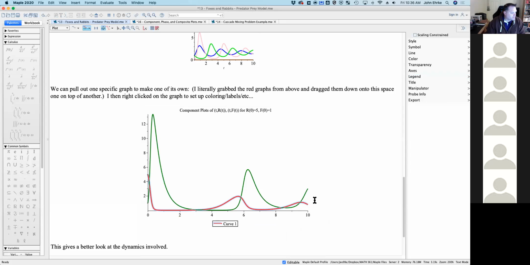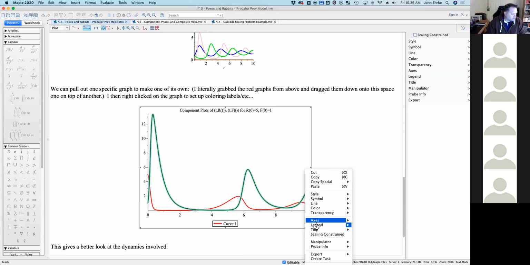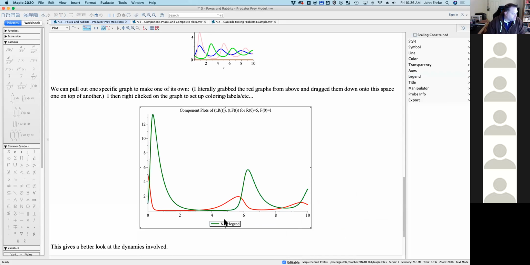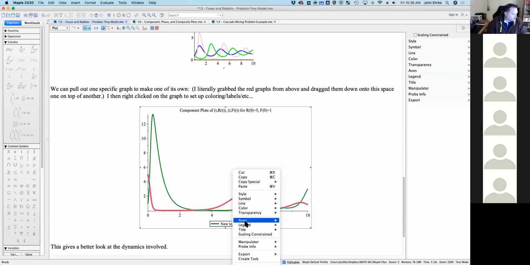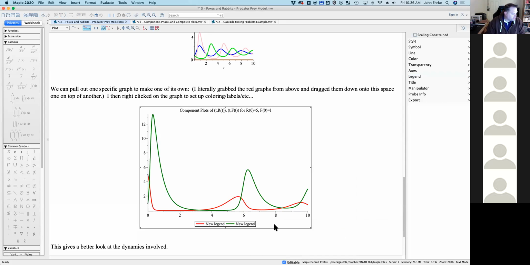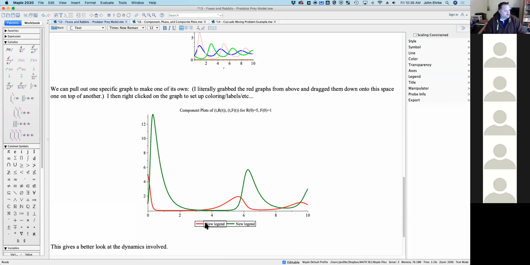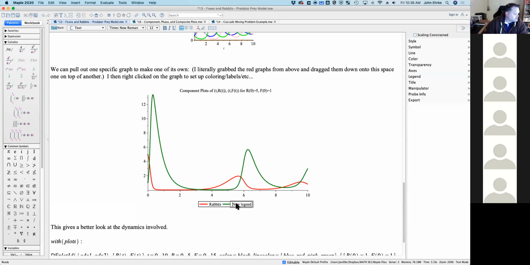So click on the green curve, legend, add legend, and then red curve, add legend. There we go. Now I've got both of them in. The red curve here is starting at 5, so that's my rabbits. My green curve is my foxes.